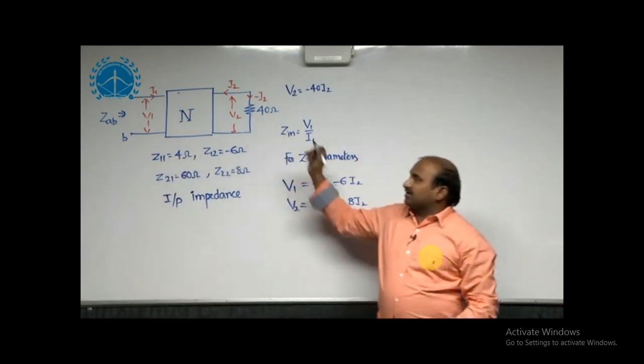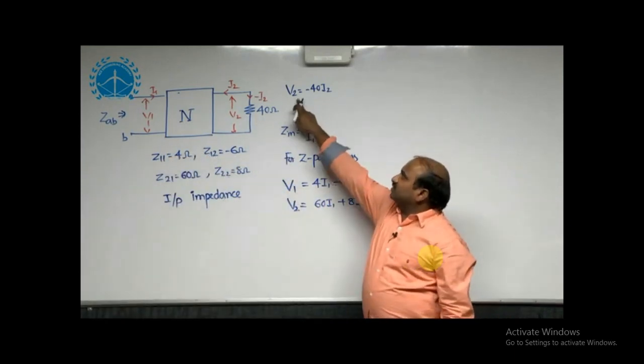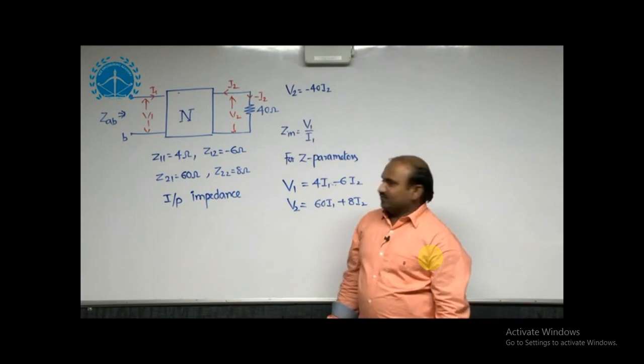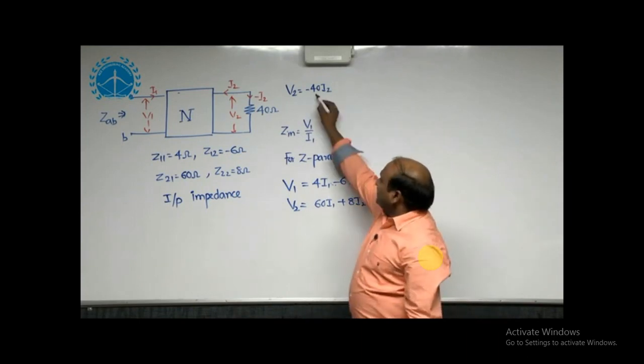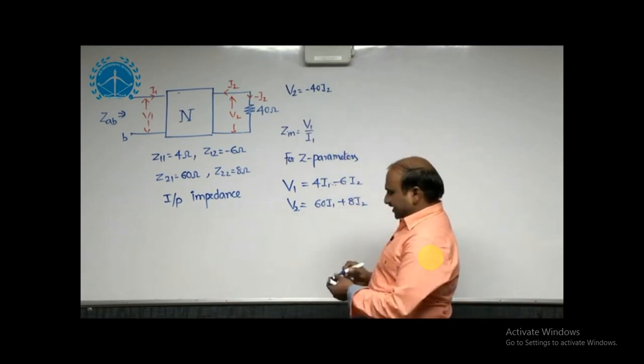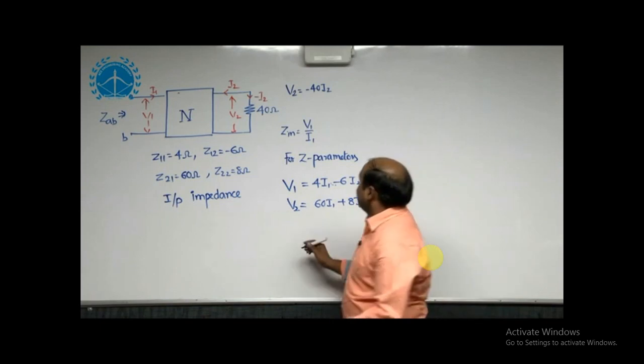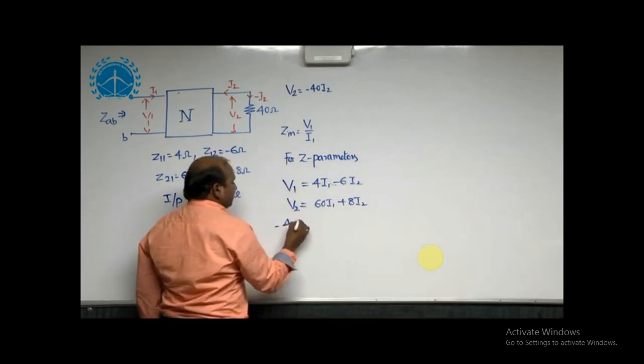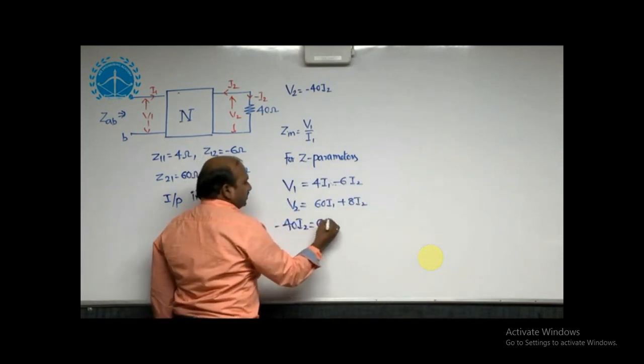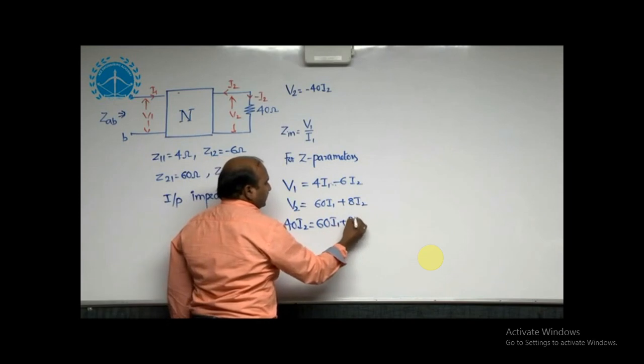Since the load is connected, I can get the relation V2 is equal to minus 40 times I2. If you take minus 40 times I2 here, from the second equation, I can write minus 40 I2 is equal to 60 I1 plus 8 I2.